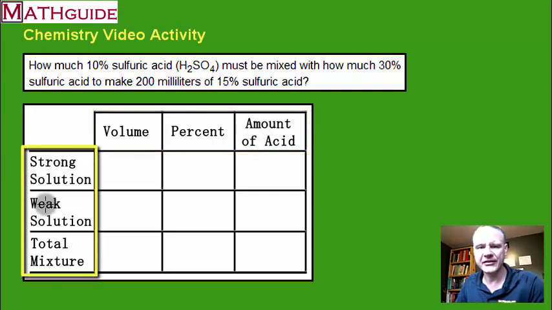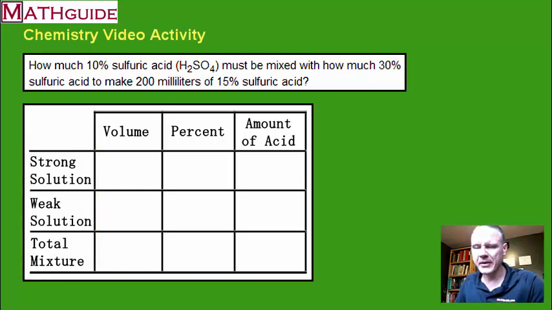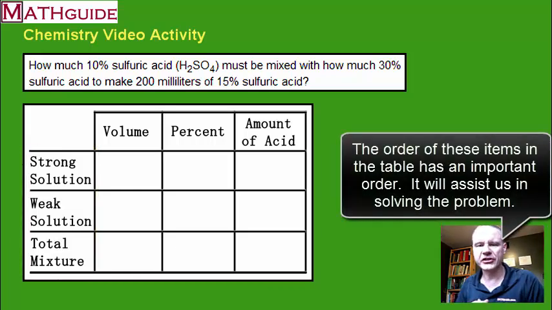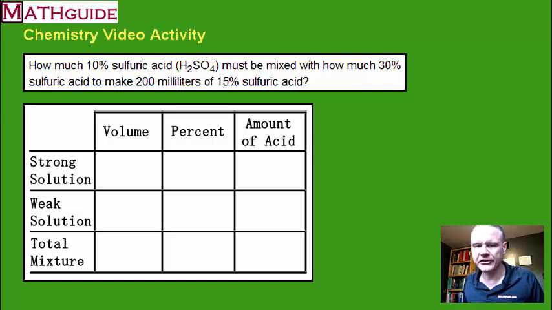And on the sides of the table we have the strong solution, that's the more concentrated solution, the weak solution, and then the total mixture. So by arranging the table in this particular manner, it'll make things extremely easy for us to deal with the mathematics. Okay, first let's fill in the table with the information we have.